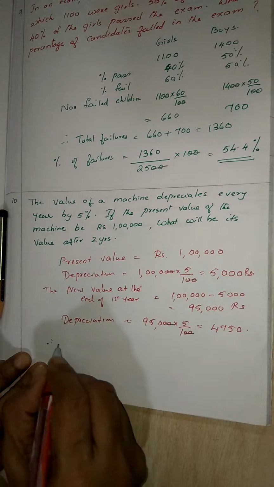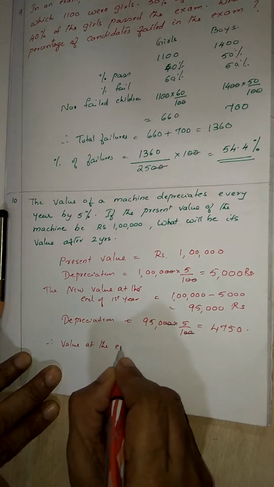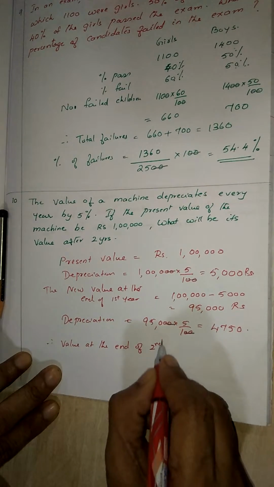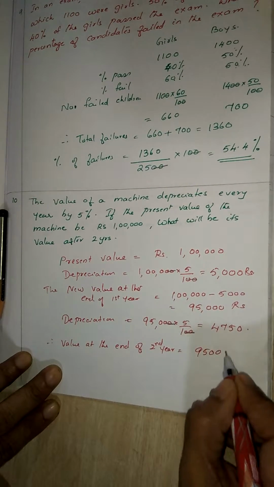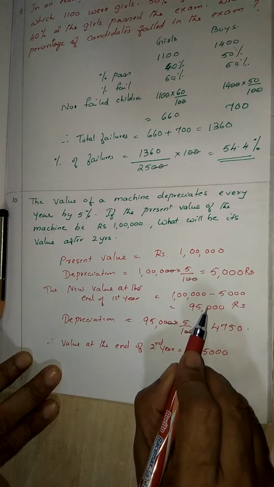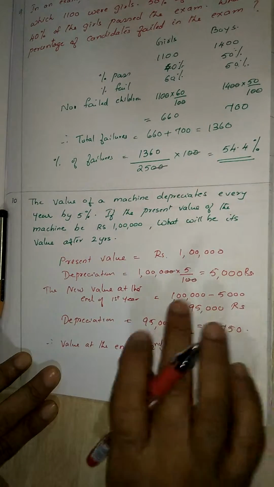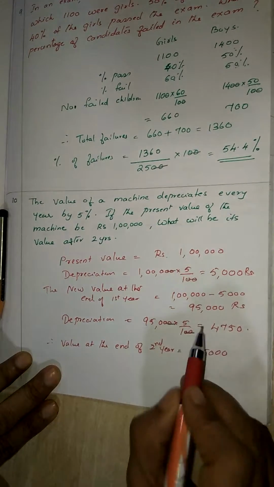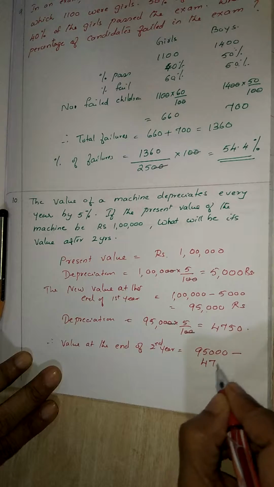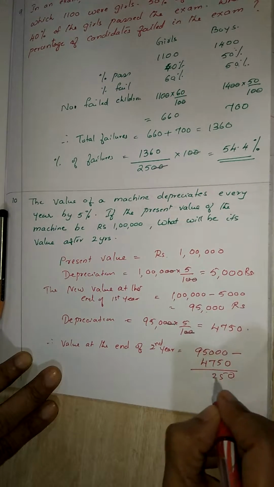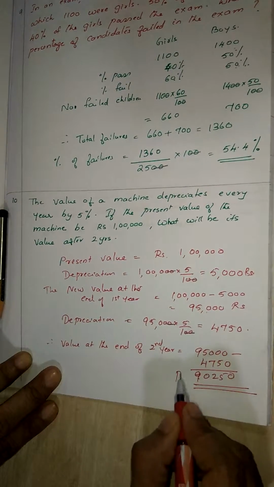Now the new value, the value at the end of second year is equal to 95,000. Again, you should remember, you should subtract only from this value and not from 1 lakh. Because at the end of the first year, you have got this value. So now you have to do all the calculation with this value. So 95,000 minus 4,750. So 90,250 is the value at the end of 2 years.